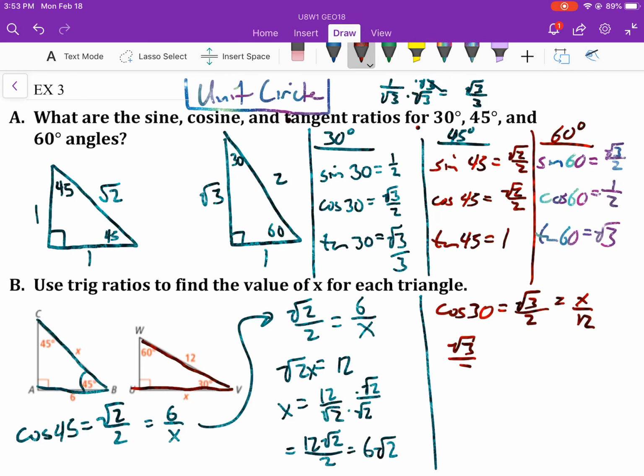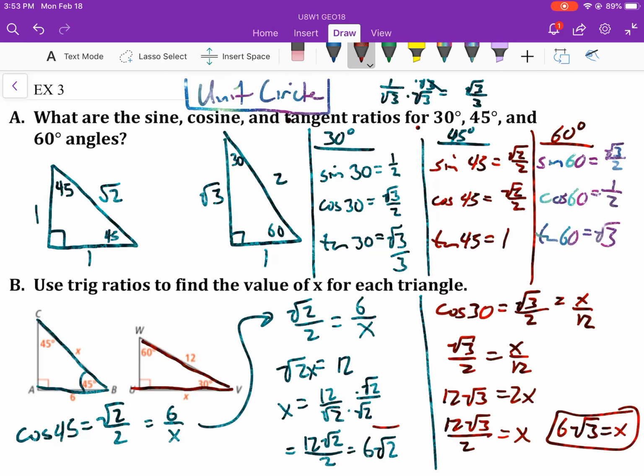So square root of 3 over 2 is equal to x over 12. 12 square root of 3 is equal to 2x. And 12 times square root of 3 divided by 2 is equal to x. And 6 square root of 3 is equal to x.